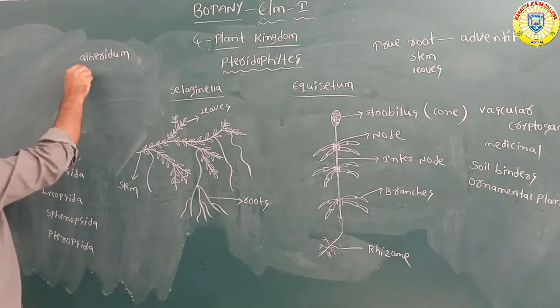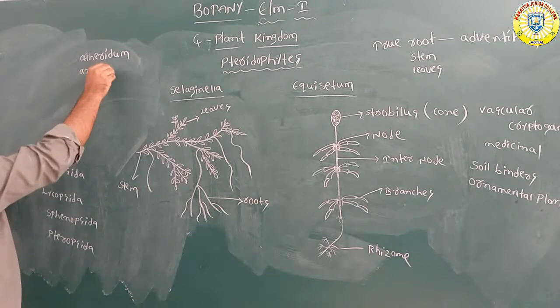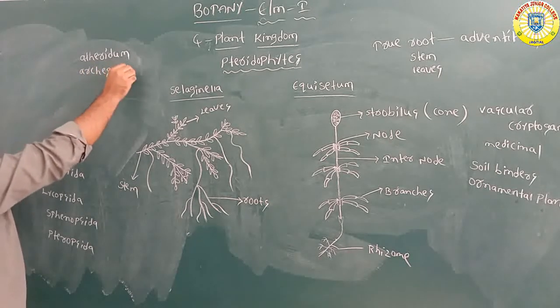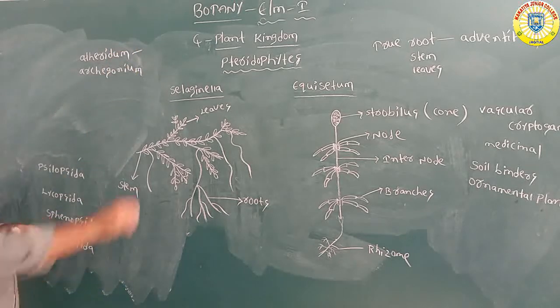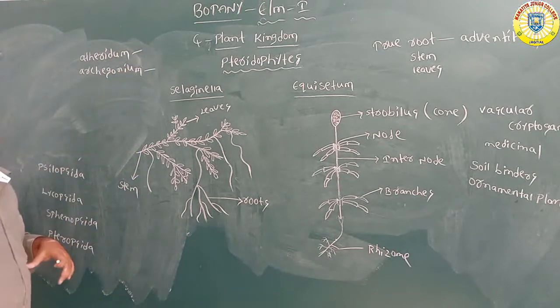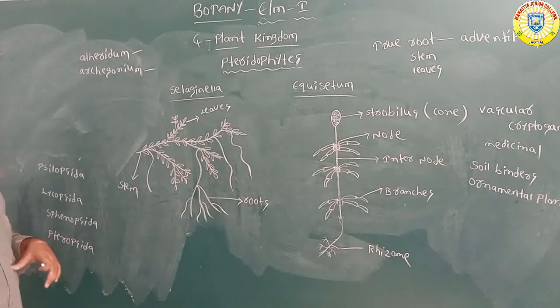The female organ is archegonium. Antheridium produces antherozoids. Archegonium produces a single egg.